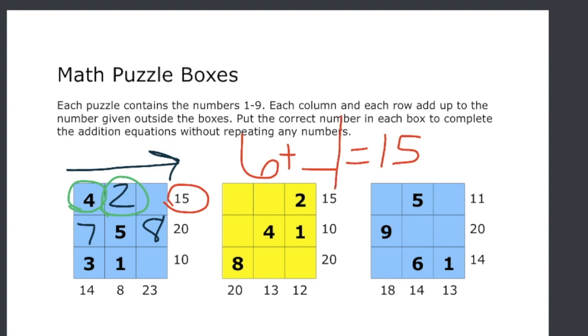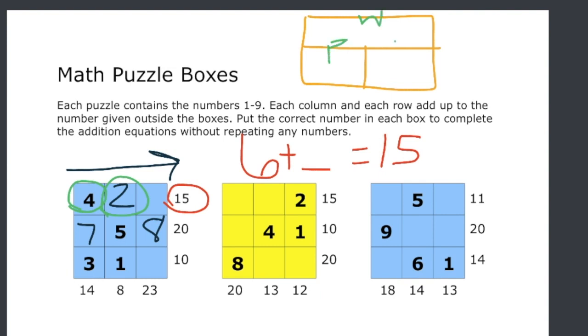And when we know something is missing, we draw our whole part chart. All right, so we know that an addition problem is all part plus part equals whole.